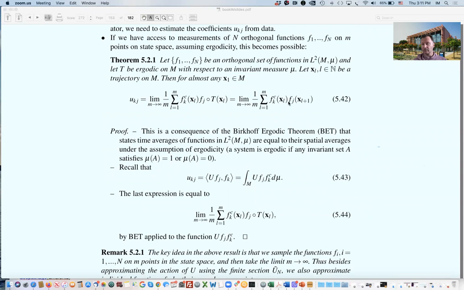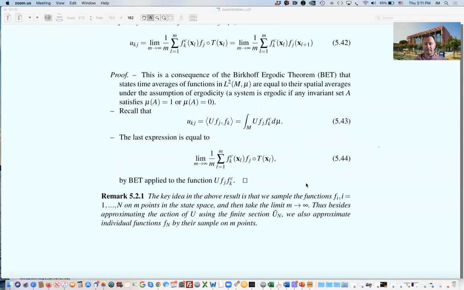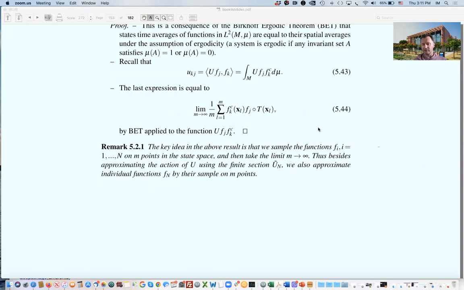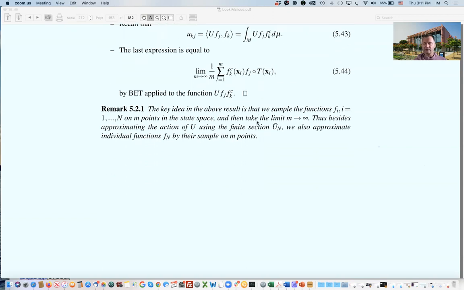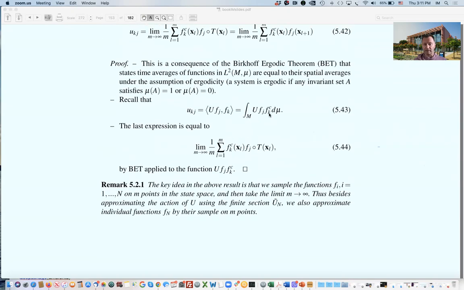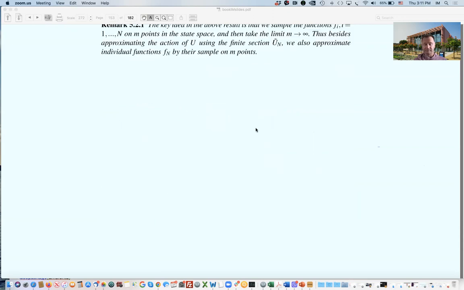You take one trajectory, you sample along the trajectory, you get a data-driven expression for U_kj instead of integrating this potentially gnarly thing in high dimensions, where you don't know either the invariant measure or how to really execute this integral if you're in 100 dimensions. So that's quite an important point. In principle, for computing this, you don't need to know anything about the invariant measure. Just run this and you get the correct result. So that's profound.